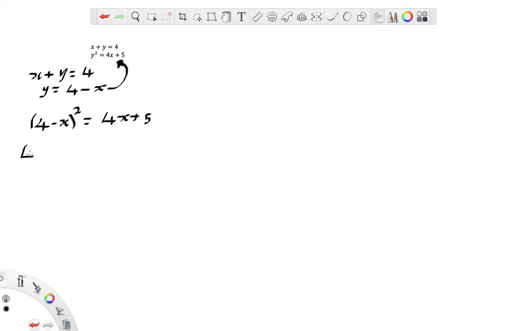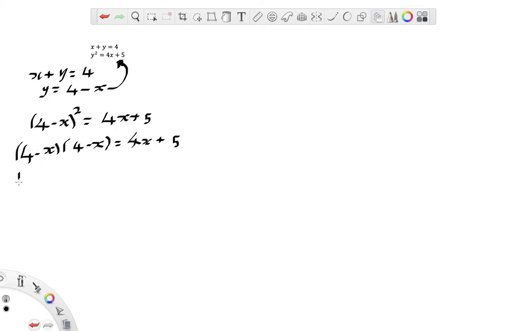So then I've got 4 minus x times by itself, like that. So same as before, expand the bracket.